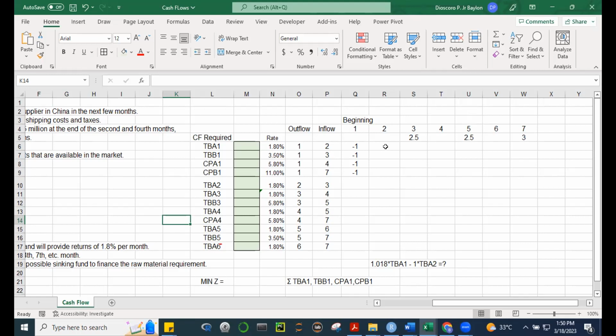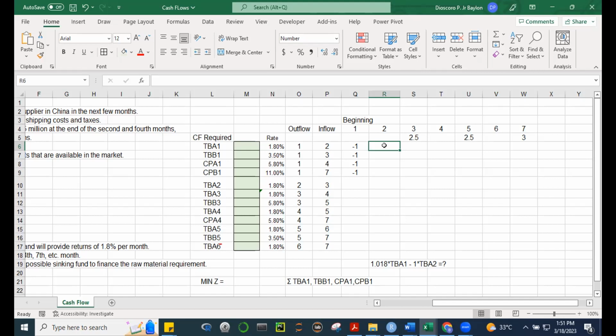Okay. Since we have identified the inflow factors for this one, what will be our outflow factors? What will be our inflow factors? Month 2. So for TBA1, what will happen? It will add the yield.